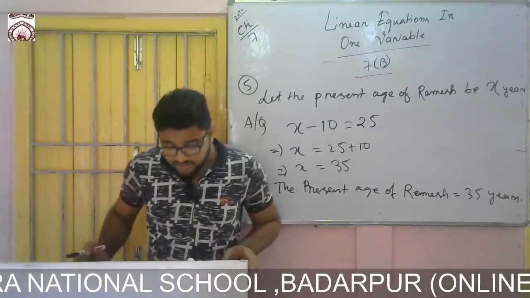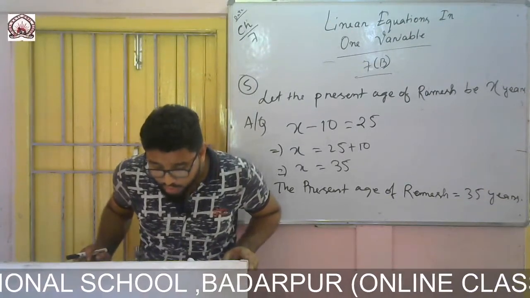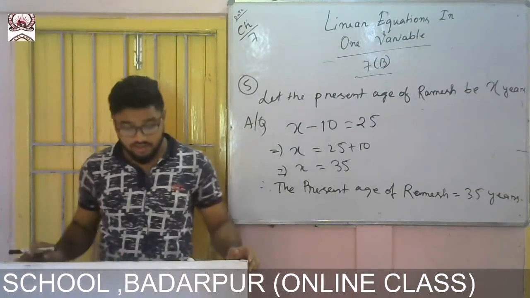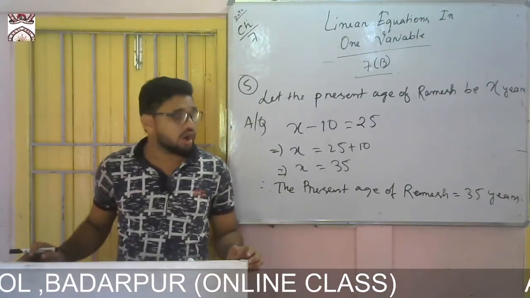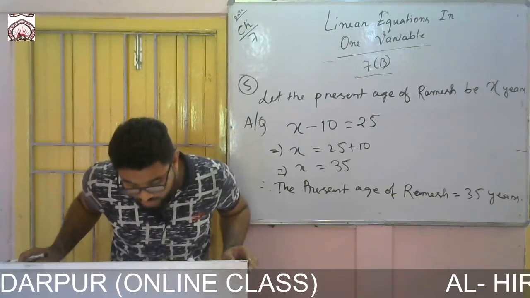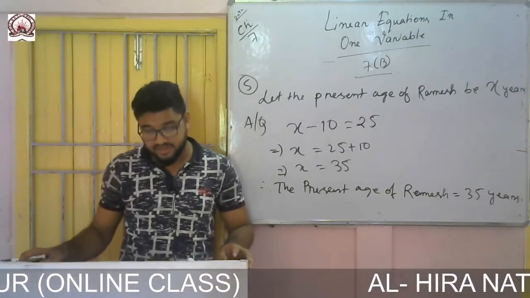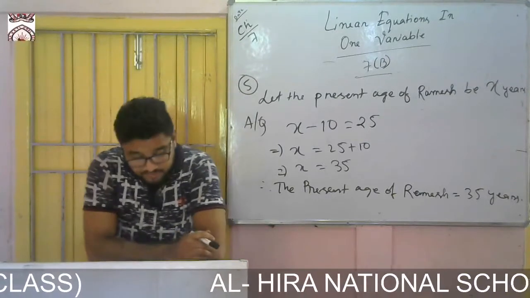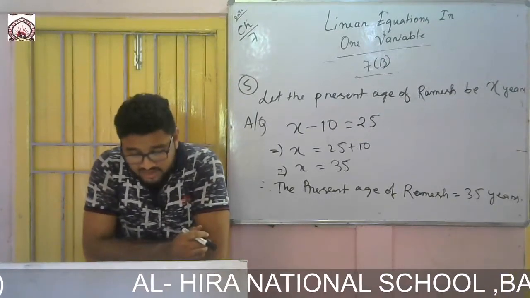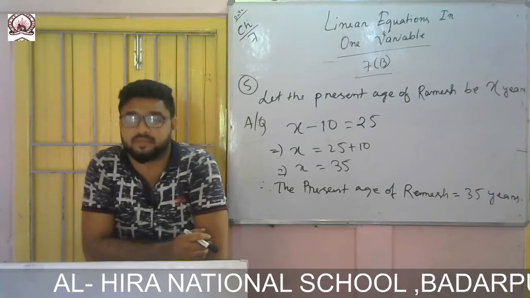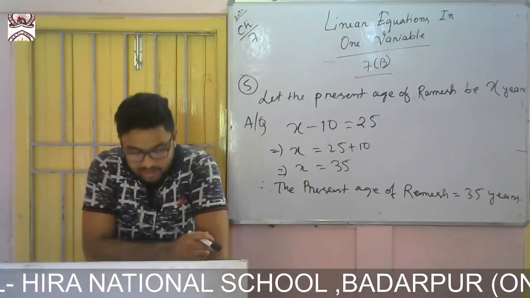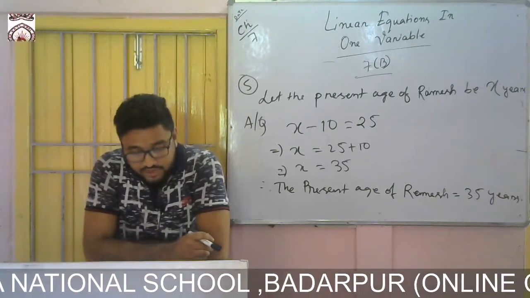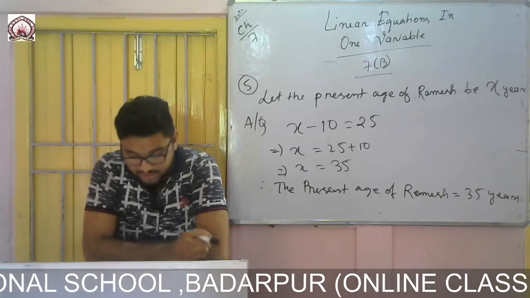Apurva received 3/4 of all votes cast in the election for school president. That means an election was done in a school, and 3/4 of all votes were cast for him.